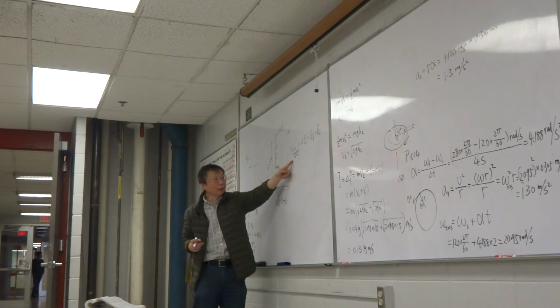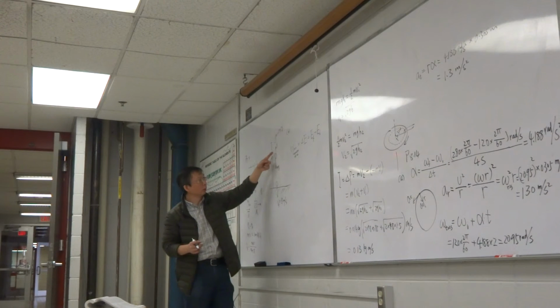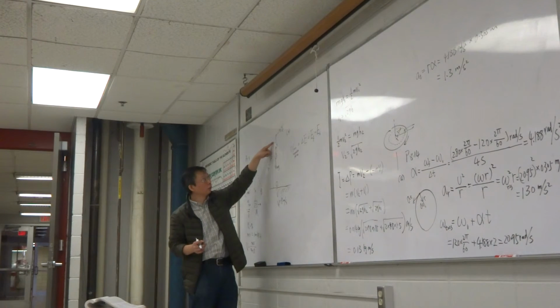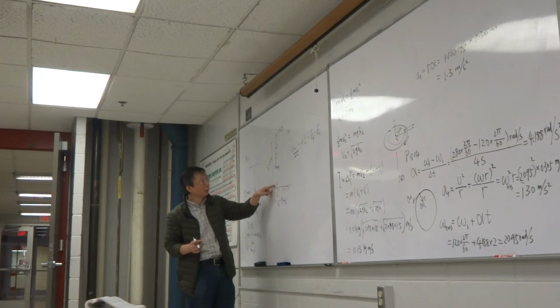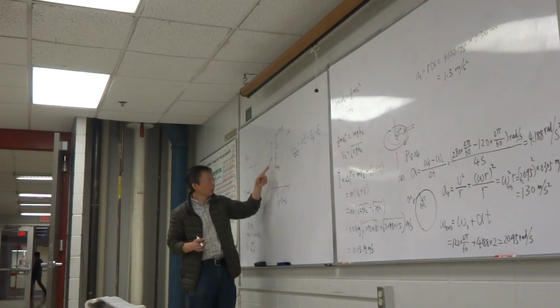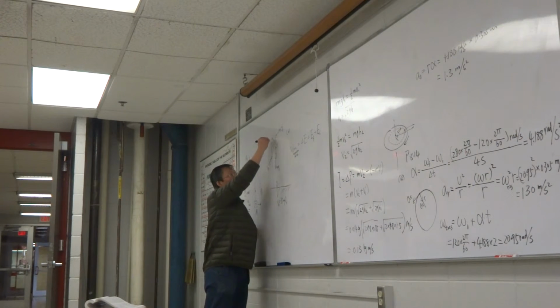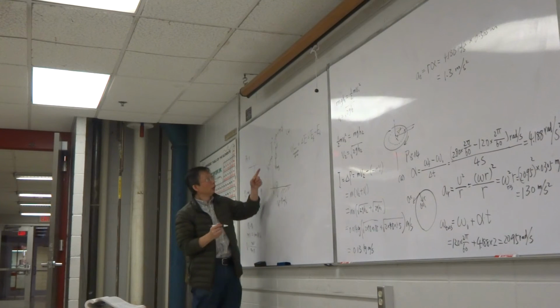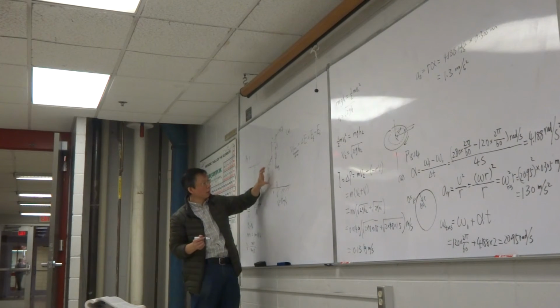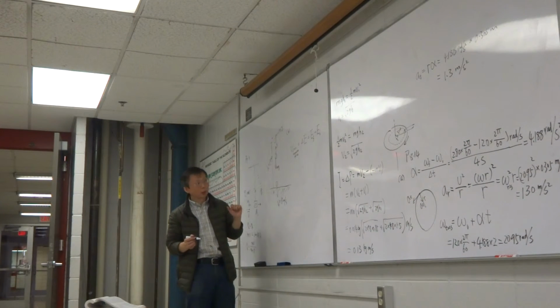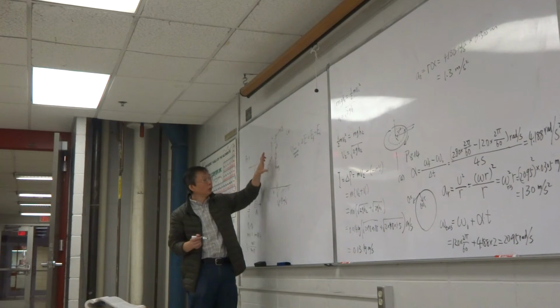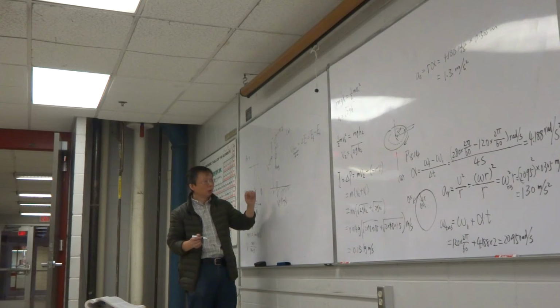So the work by the non-conservative force, just by this one, from this point to this point, the displacement is just the height. Initial point right here, final point right here. Initial, final. So the displacement is just the height. Okay?